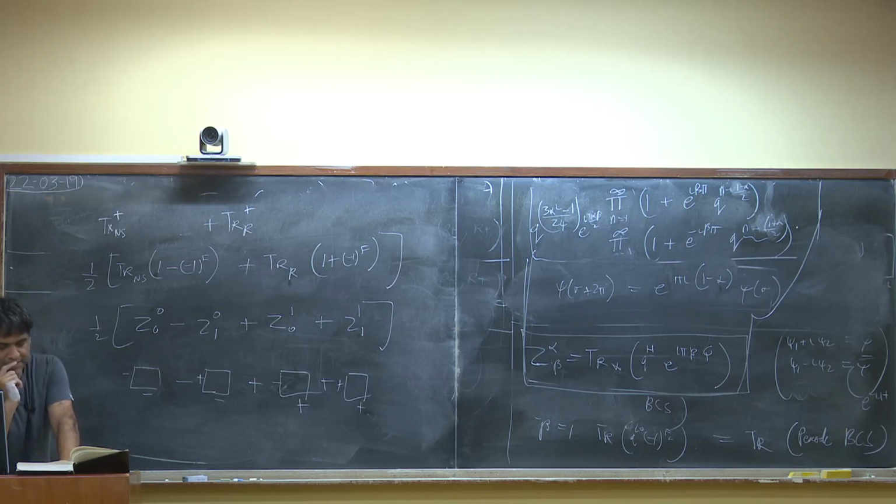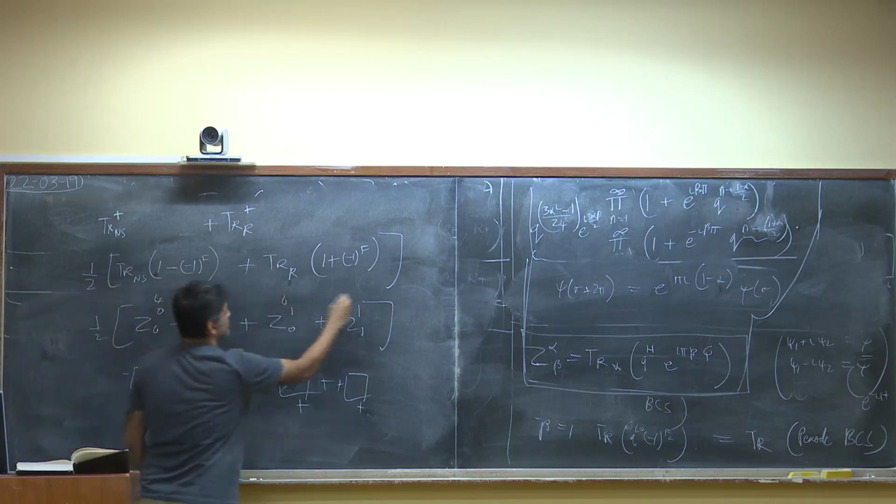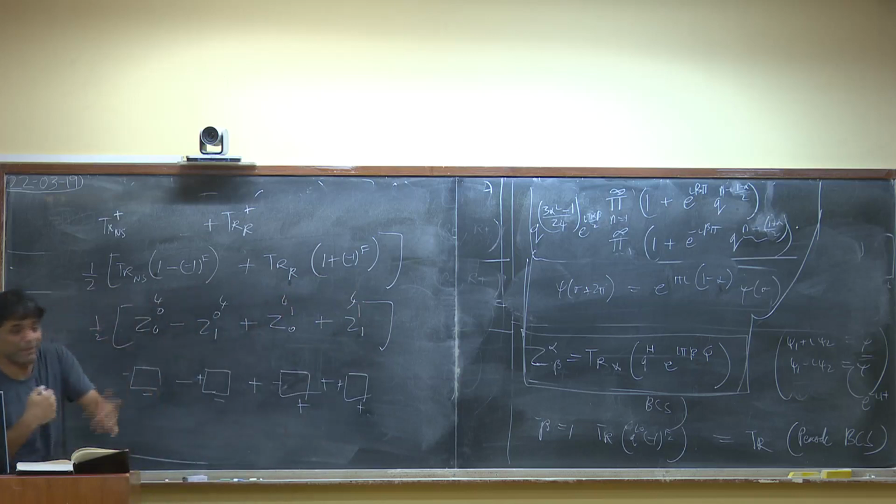Z01. That's great. And of course, all these are going to be to the power of 4, right? Because there were 4 pairs of fermions. And I've messed up on something. What have I messed up on?